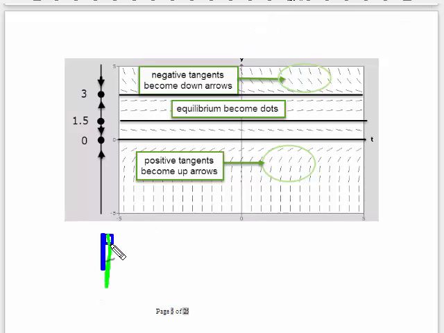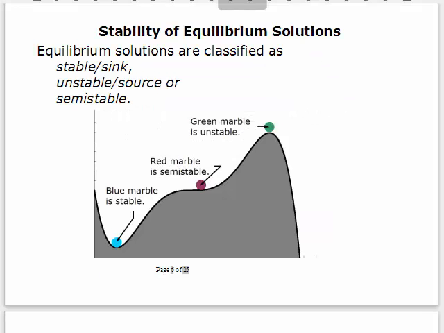What we're going to look at now for the rest of this lecture are these equilibrium values and what's called their stability. These equilibrium values are classified either as stable, unstable, or semi-stable.